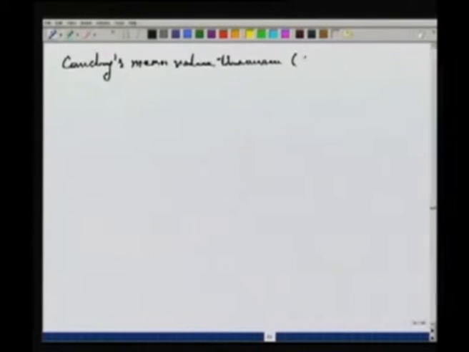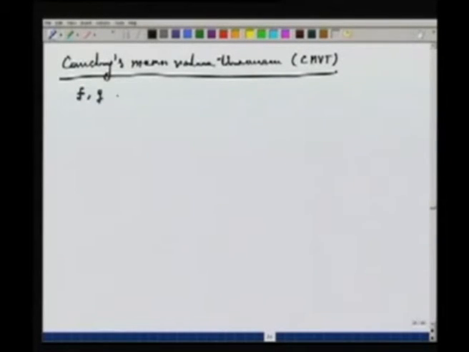In short, I will mention it as CMVT. It says the following: suppose I have a function f and a function g which are continuous on the closed interval AB and differentiable on the open interval AB.